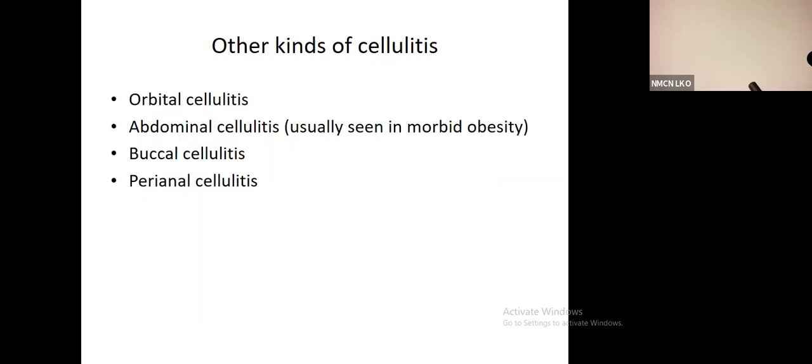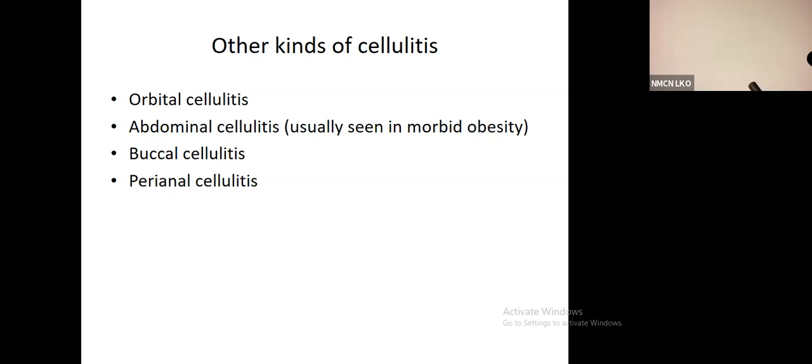Okay. Other kinds of cellulitis, orbital, abdominal, buccal, perineal, do not cover this. Obviously, the organisms are distinct here. Orbital can still be staph, but you could have also anaerobes, you could also have fungi like mucor. Perianal again, similar because the gut flora would come.